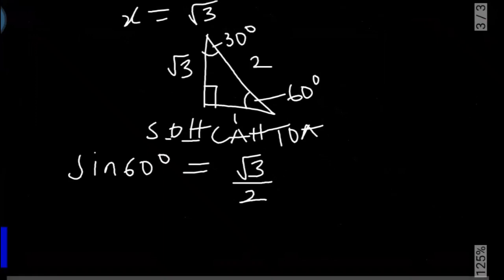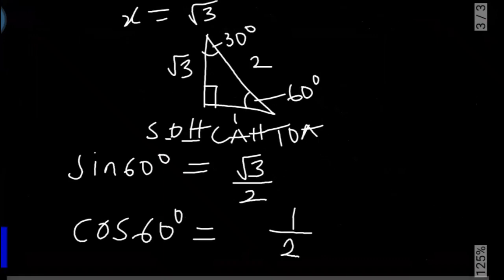What about cos 60? Cos 60 degrees will be equal to adjacent over hypotenuse. Since we are considering angle 60, our adjacent side would be 1 over our hypotenuse 2. What about tan 60?